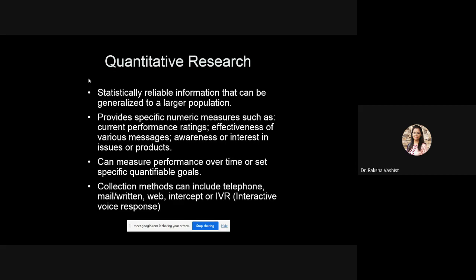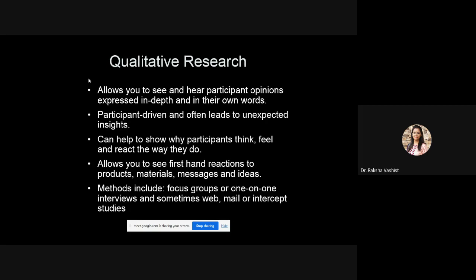Quantitative research can measure performance over time or set specific quantifiable goals. Okay. Then the collection methods of quantitative research can include telephone, mail, written, web intercept, or interactive voice response. These are the methods to collect quantitative data.